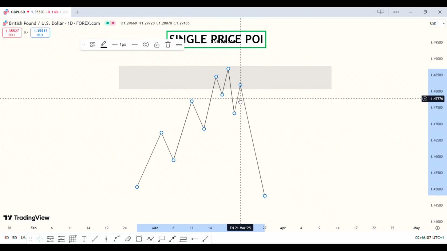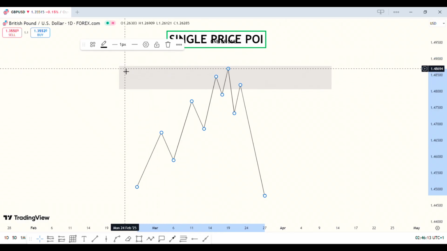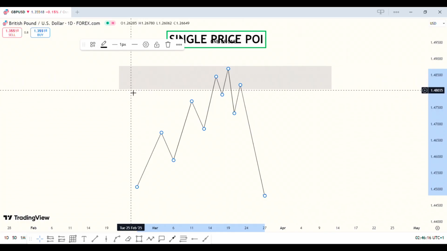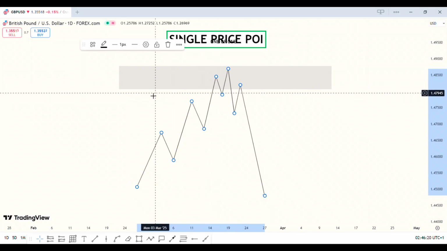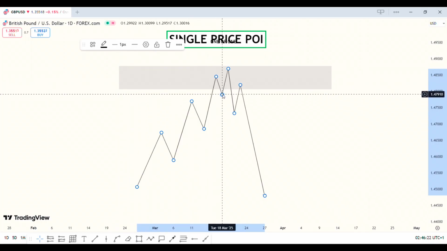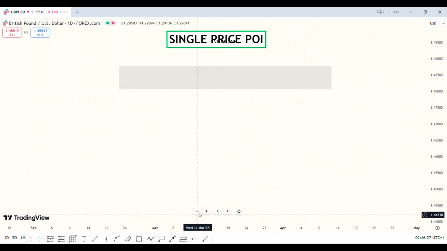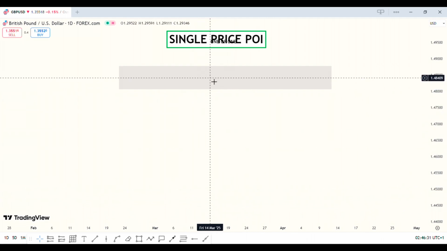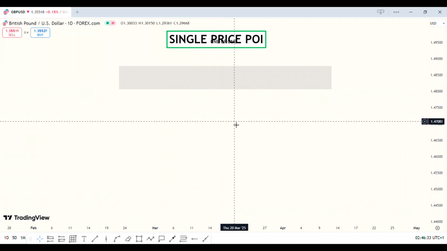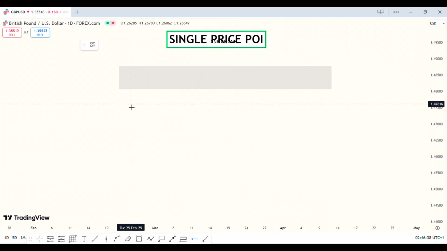But for single price POI, it's a bit different. Instead of having a zone just as the one I marked out, we are going to be looking for a single price within our main POI that we can anticipate price tapping into and presenting us with a trade opportunity.